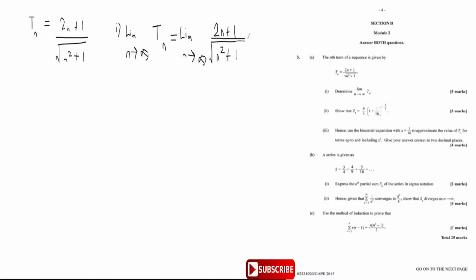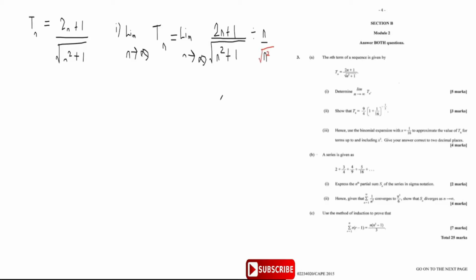The highest power of n is n, so we're going to divide both the numerator and the denominator by n. Now look how I'm going to write n in the denominator. Instead of just writing n, I'm going to write n in the denominator as n squared square rooted. Isn't that still just n?